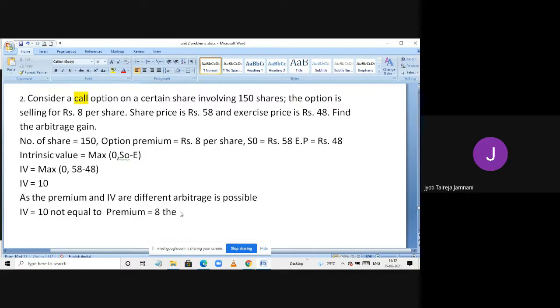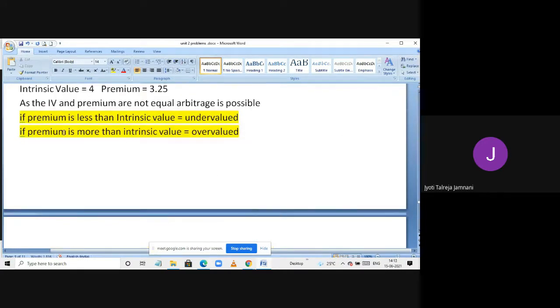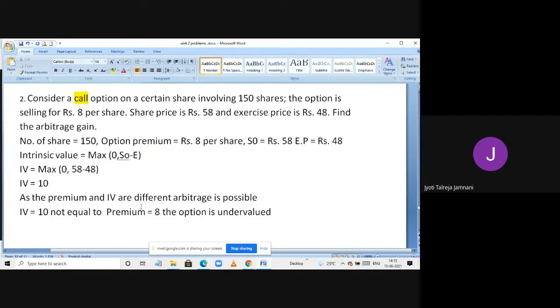So the option is undervalued because intrinsic value is more than the premium. Okay. What we have written here, if premium is less than intrinsic value, undervalued. If premium is more than intrinsic value, overvalued. So here you see premium is 8 rupees, it is less than intrinsic value, so it is undervalued.